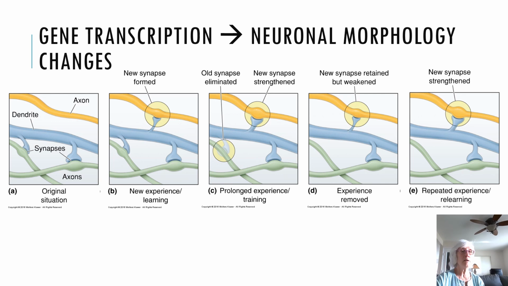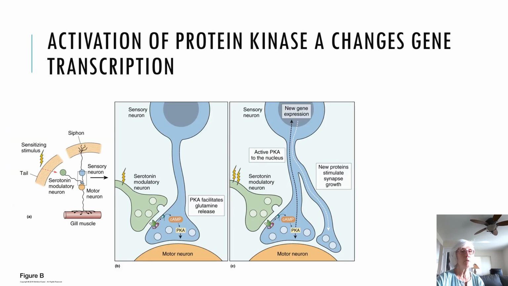So this is the diagram from your textbook explaining how this happens in people, but it's very similar to a diagram in one of the boxes in your chapter where researchers were looking at Aplysia, so sea snails, and they were looking at a gill withdrawal response.